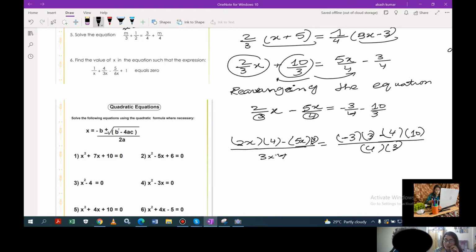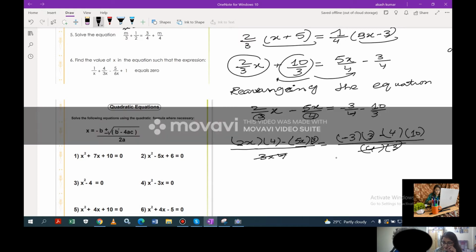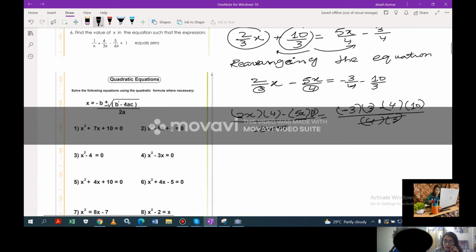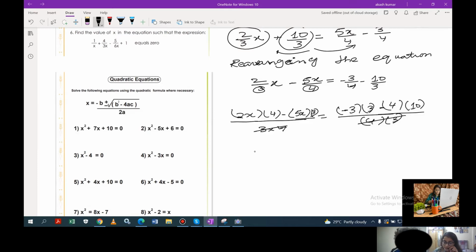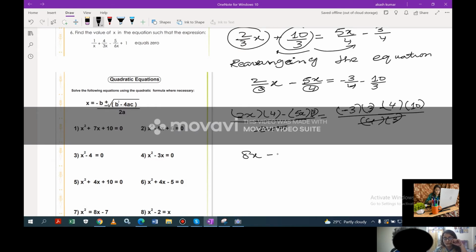Can we cancel out the denominators on both sides of the equation? Okay. So what we are left with: 2x multiplied with 4 will be 8x. 8x minus 5x multiplied with 3, which is 15x.